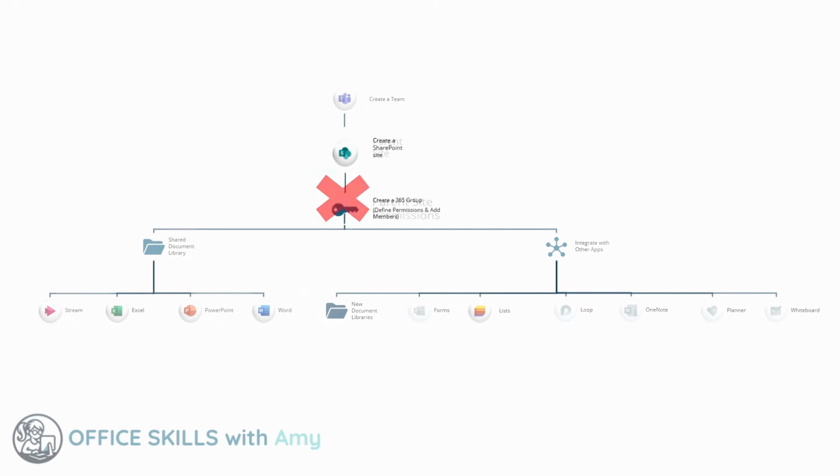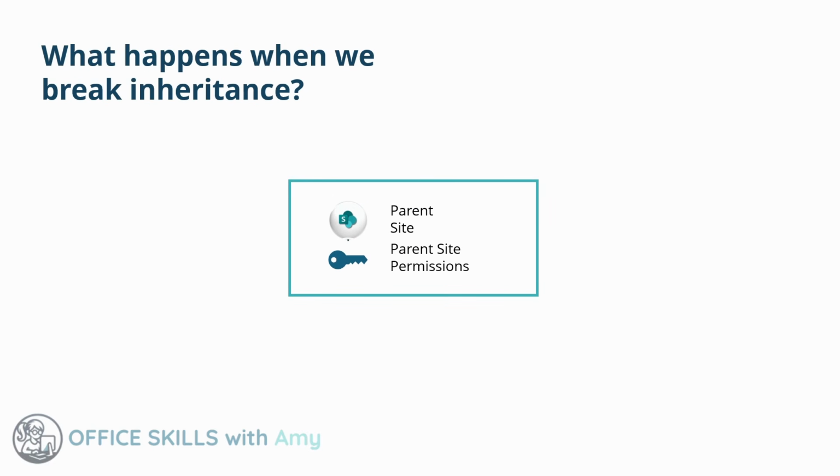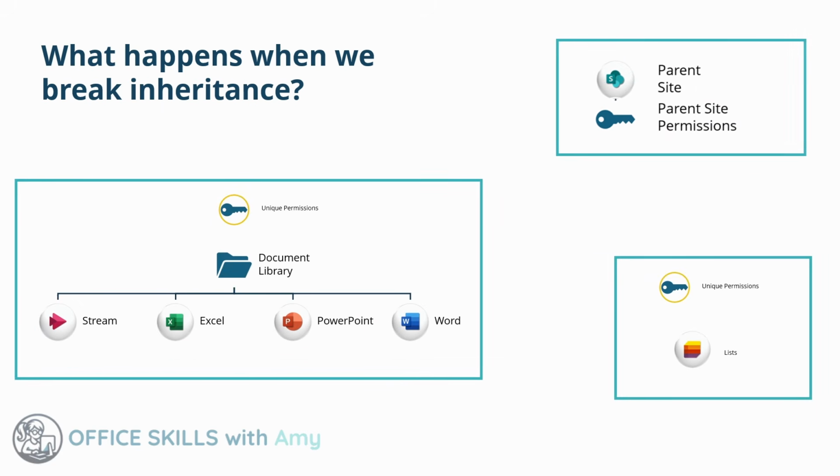So, what happens when we break the inheritance? Instead of managing permissions for just the parent site, we are now going to be managing permissions for different areas of that site. So it does create some additional administration. And in some cases, you might even be better off to create a whole new site or Microsoft team.